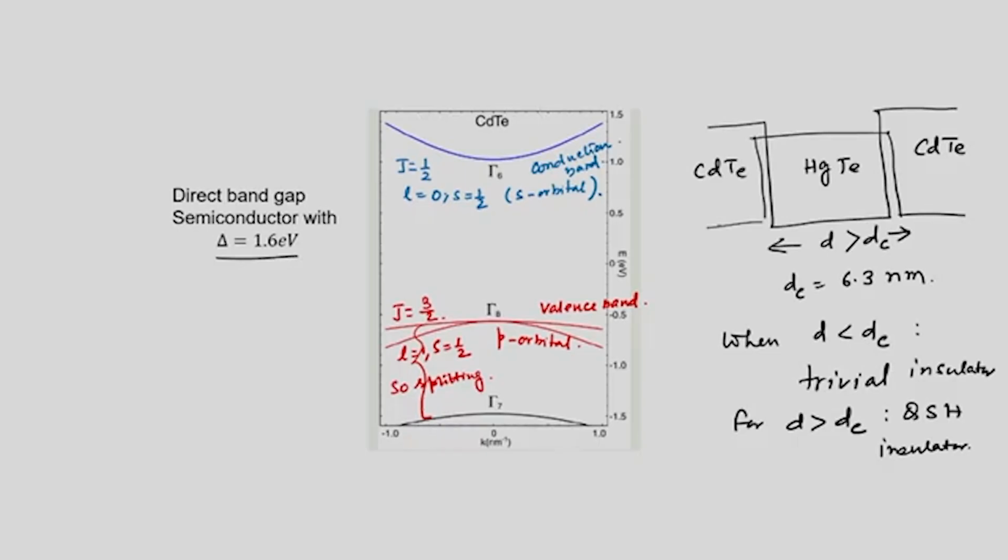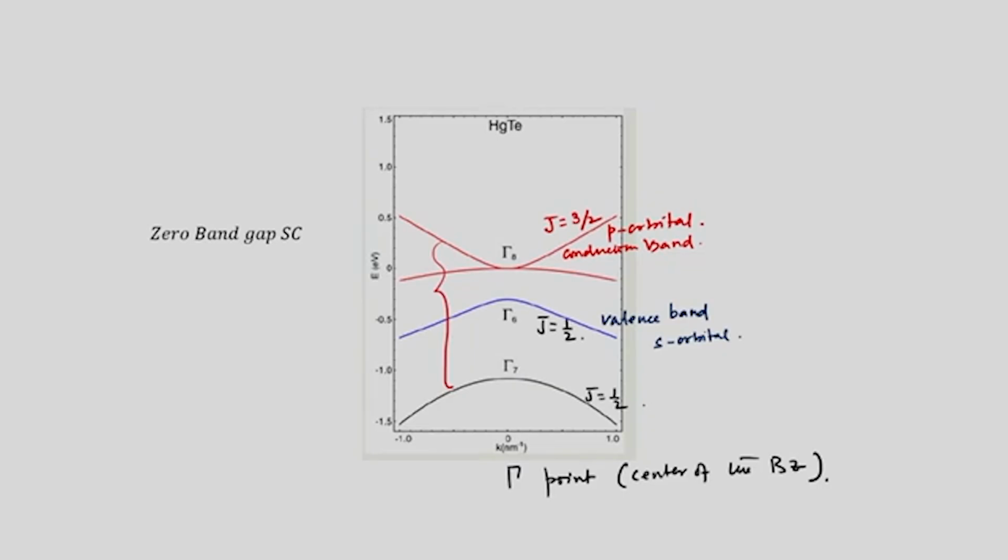Okay. And these are really superlattices formed by molecular beam epitaxy, or even probably by sputtering methods and so on. This had given an idea to people called Bernevig, Hughes and Zhang to write down a Hamiltonian and solve it.